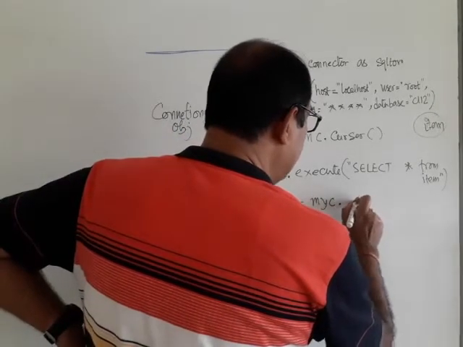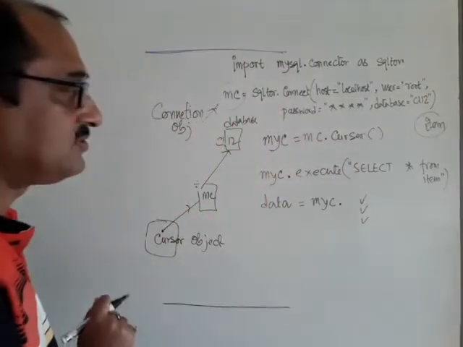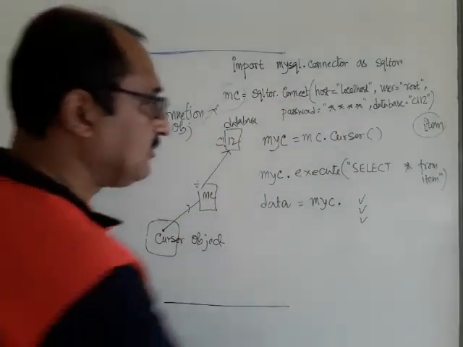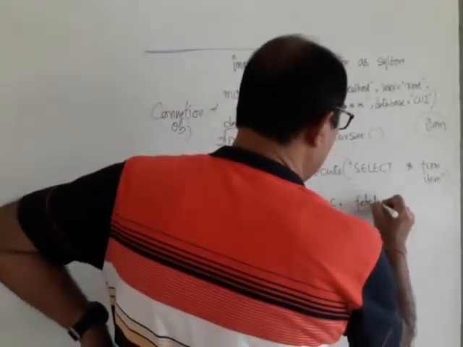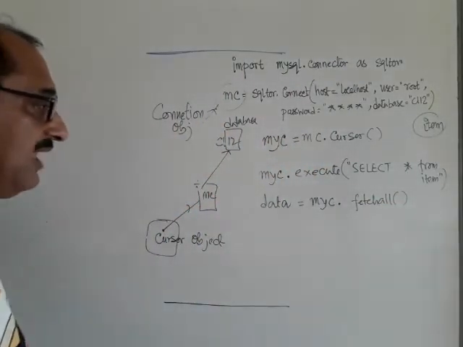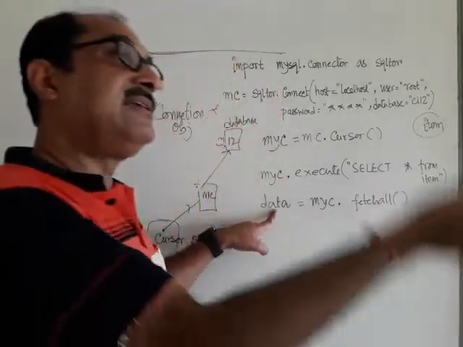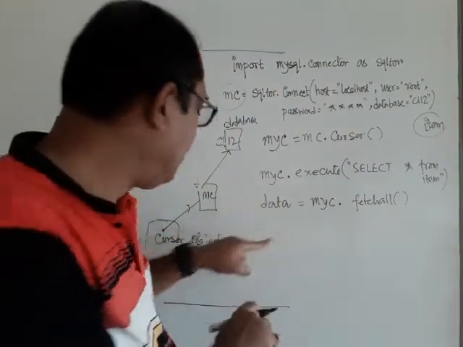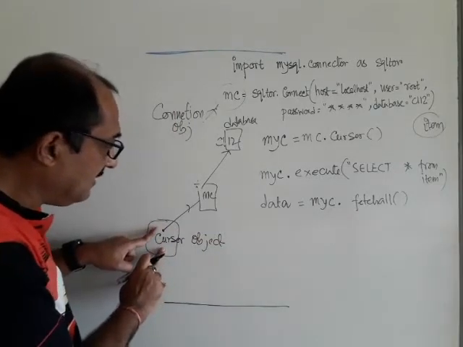myc dot. Now here you have a choice of functions. I will discuss those functions one by one. For the time being, I am telling you only one function, that is called fetchall. If you write fetchall, then in this variable, the entire result set will be fetched. From the entire result set, we have a choice.